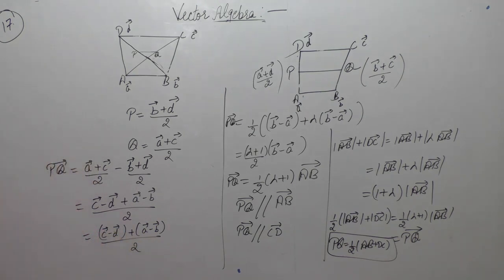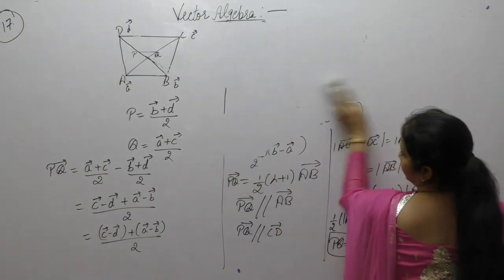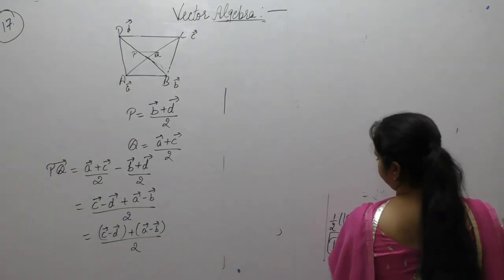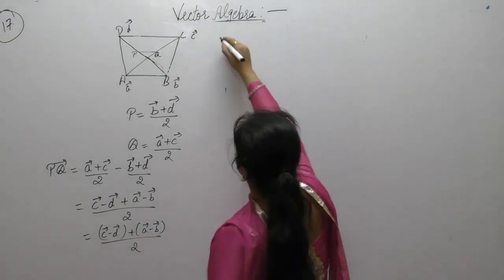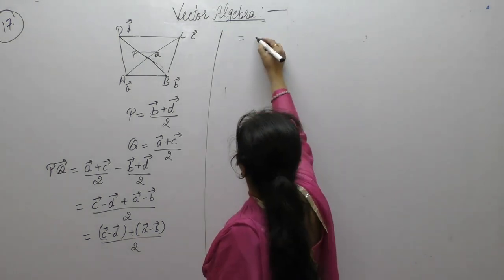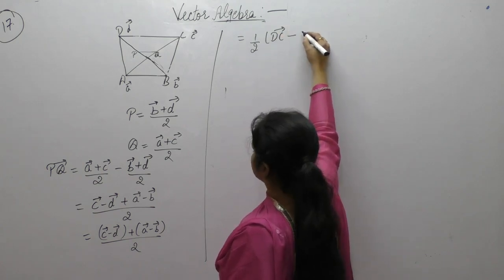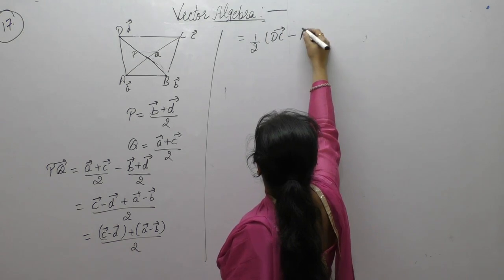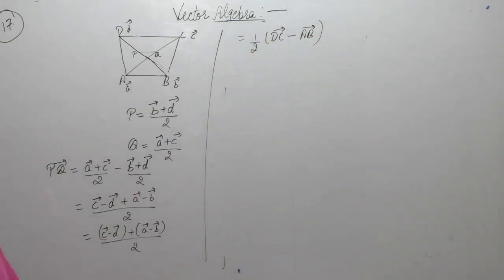C vector minus D vector, this is the position vector of DC. One by 2 DC vector minus AB vector.